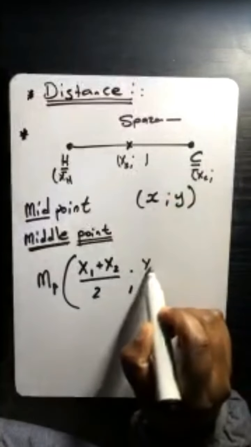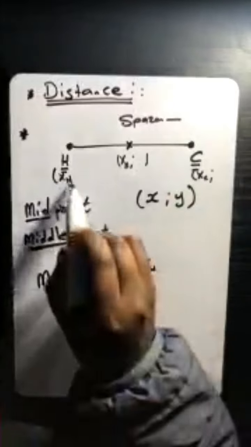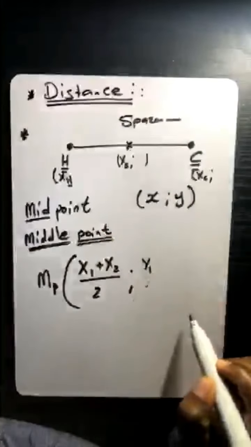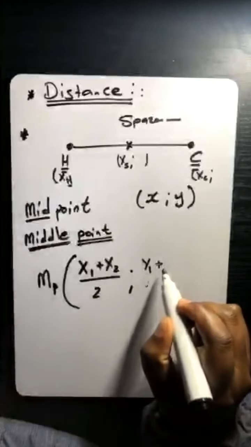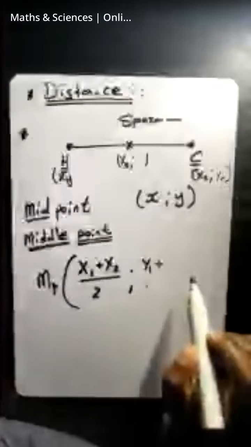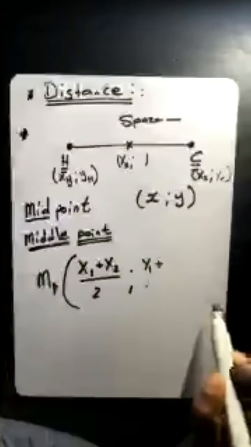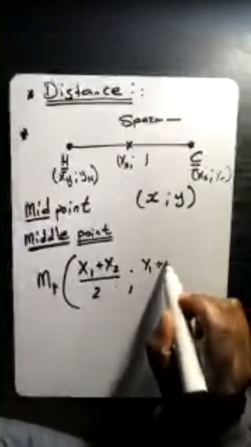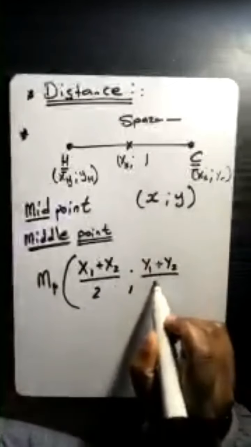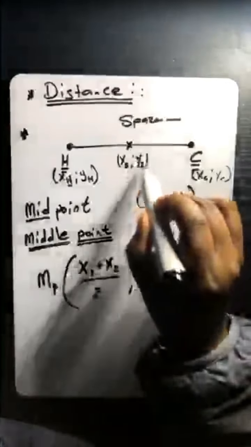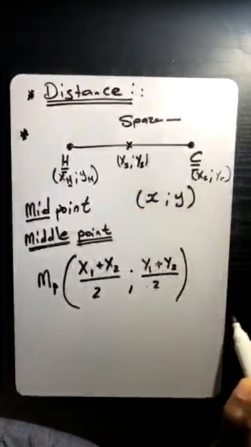You add the y value of your house, which we can refer to as y1, with the y of the second point, the clinic. Just to be consistent, I'm using point 1 and point 2. It therefore gives you the y of the spaza shop.